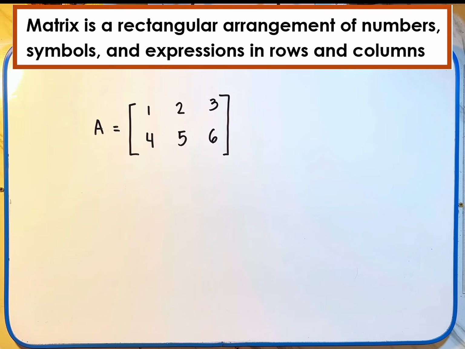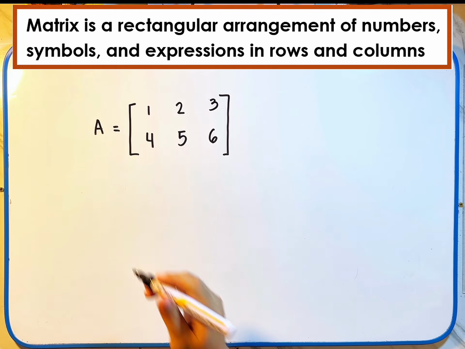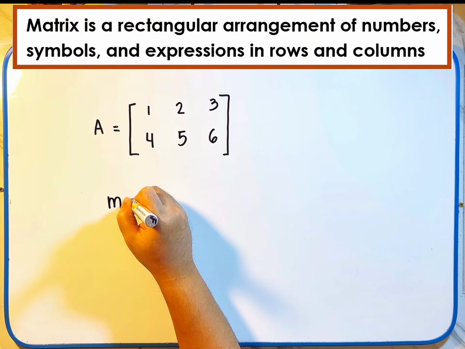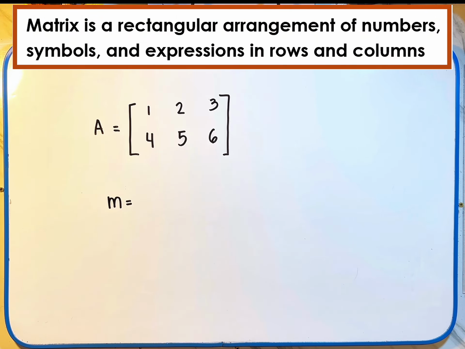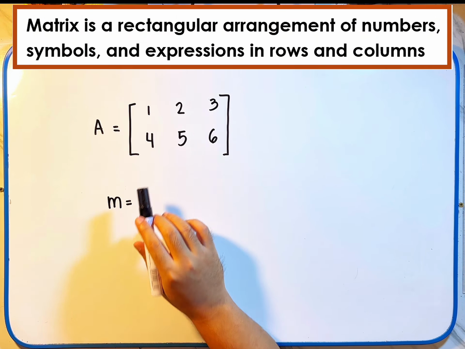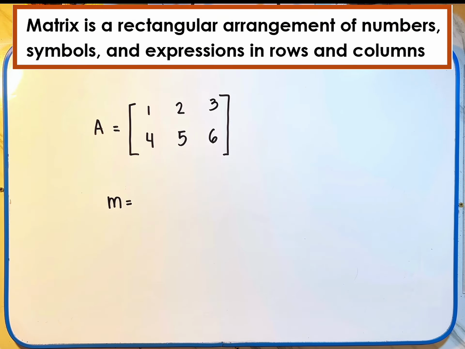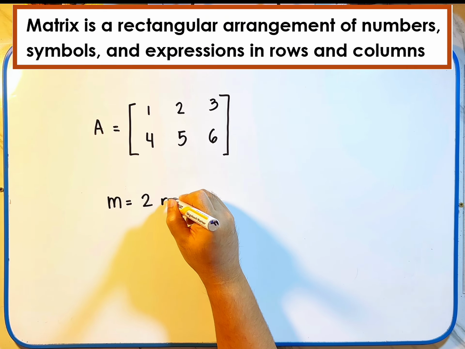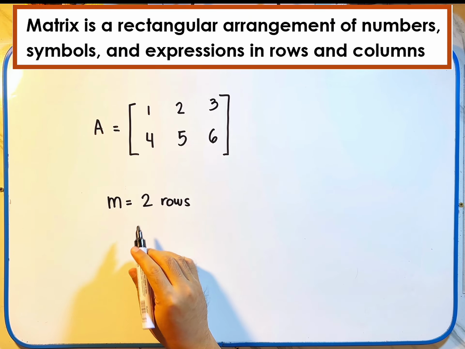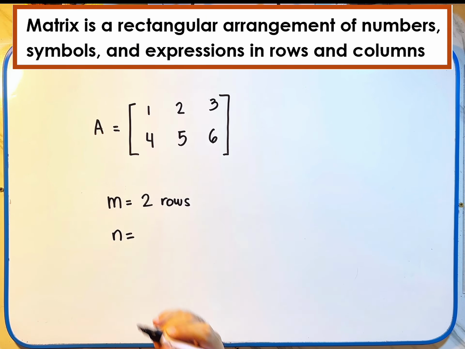So matrix have dimensions, okay? And the dimension or order of matrices is usually expressed as m by n. So what's m? M is the number of rows. Considering this matrix A, we have two rows. This row above and row below. So that's 2. Therefore, m is equal to 2, while n is the number of columns.